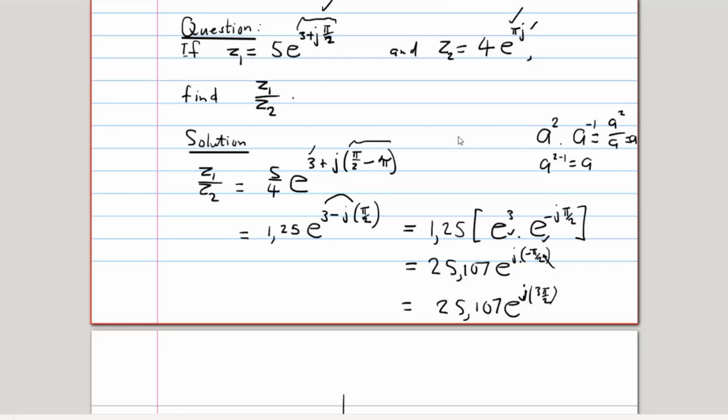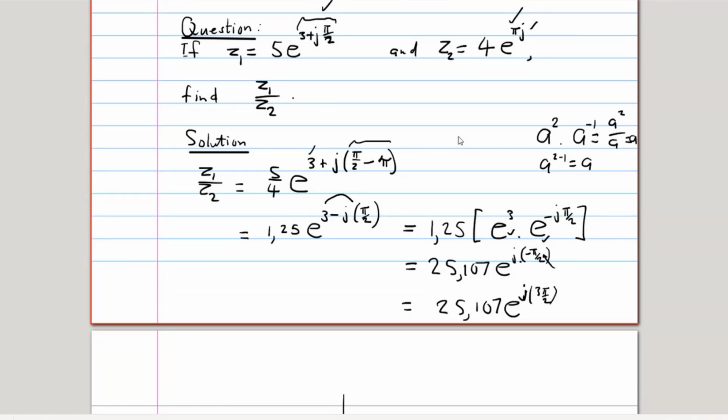So what I did, I multiplied e cubed with 5 over 4, and that gives 25.107 now. Then when we divide the 5e cubed by the 4, that would be the r, the resultant of the r.